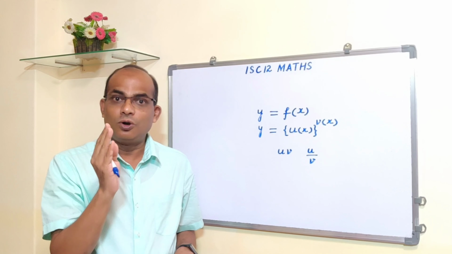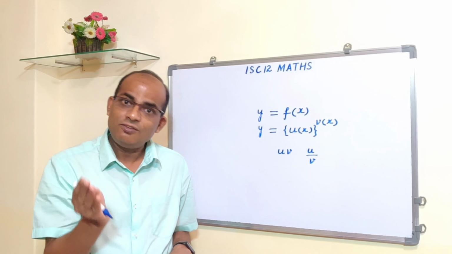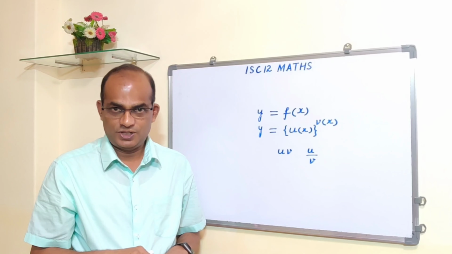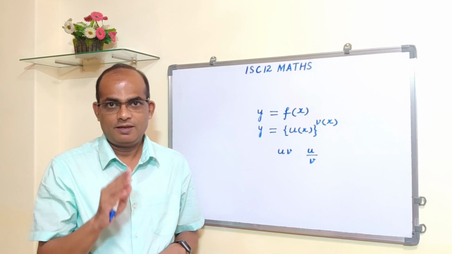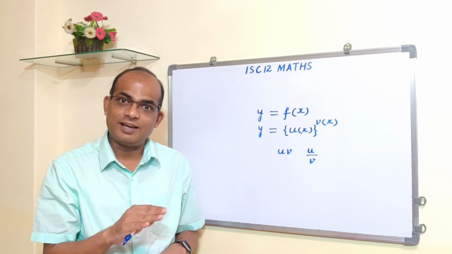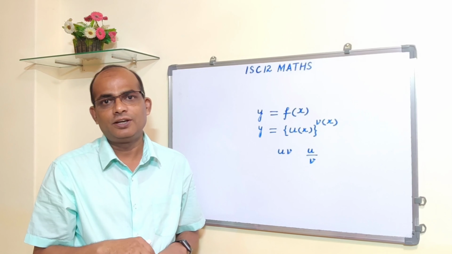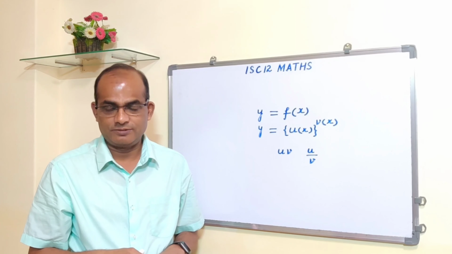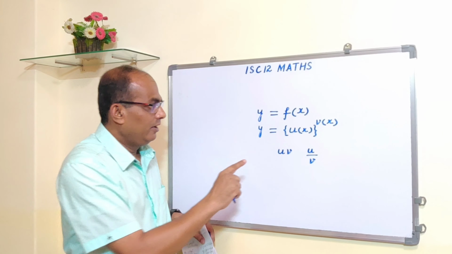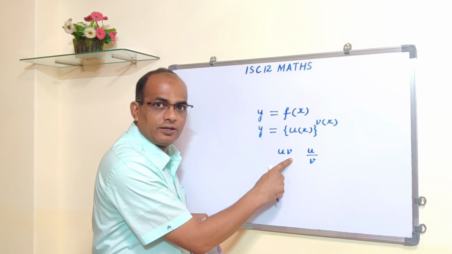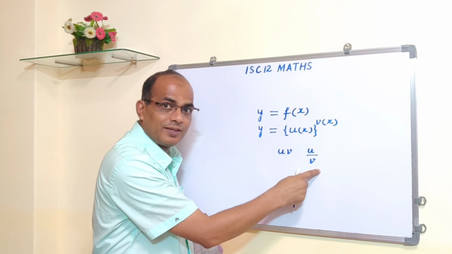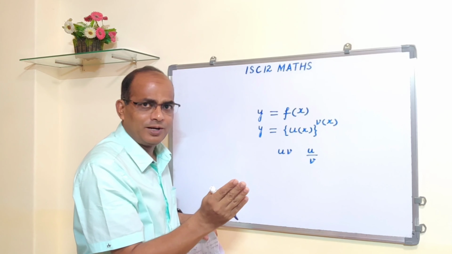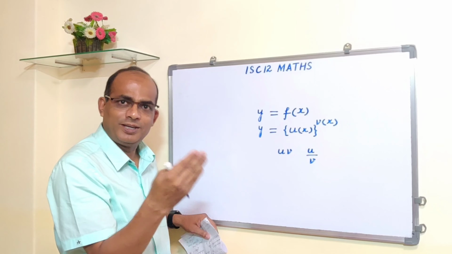Because we are taking log on both the sides and then differentiating, we call this logarithmic differentiation. Once again, if you have uv form or u upon v form, and the function is very simple, then you may take log or you may not.